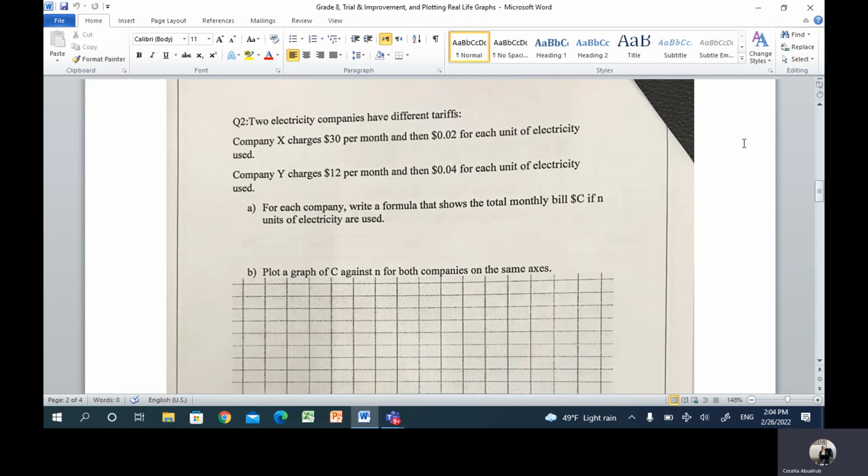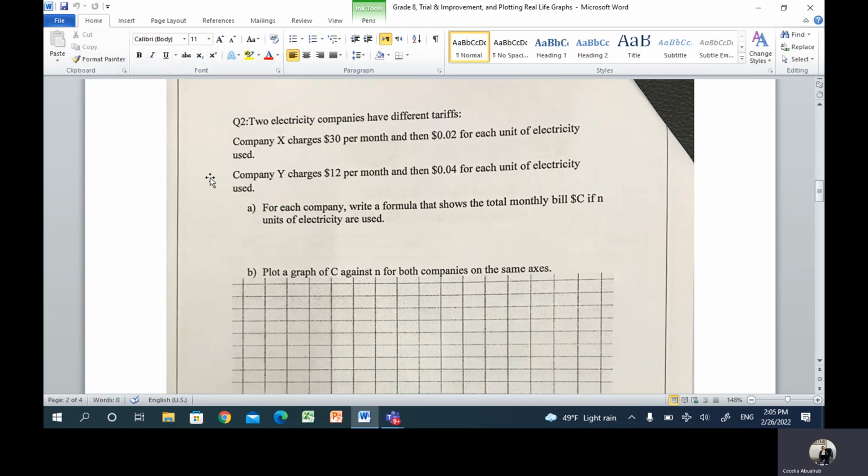In this question here, two electricity companies have different tariffs. Company X charges $30 per month and then $0.02 for each unit of electricity that you consume. So how can I translate this sentence into an equation?